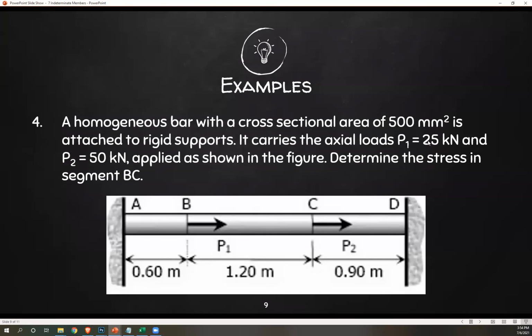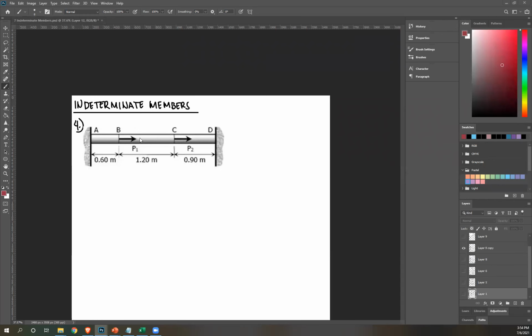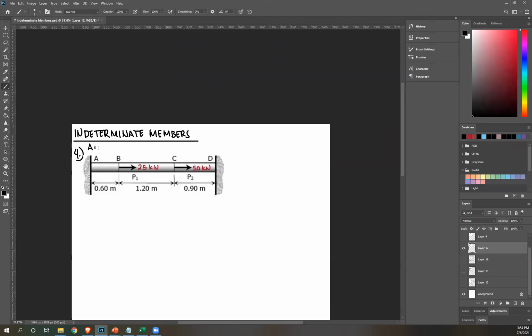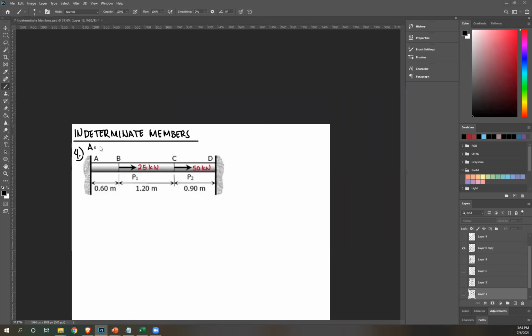So let's have that 25 and 50. And then area, we also have that. Was it 500 millimeters squared?